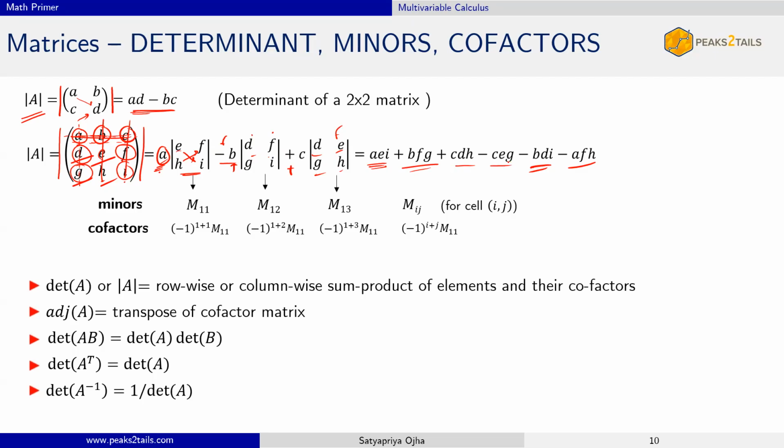Okay. And if you have a 4 by 4 matrix, it's the same idea. Scan the first row, go element by element, alternate these signs, plus, minus, and then the determinant will be a 3 by 3 determinant. Correct? If you have a 4 by 4 matrix, then these guys will become 3 by 3 matrices.